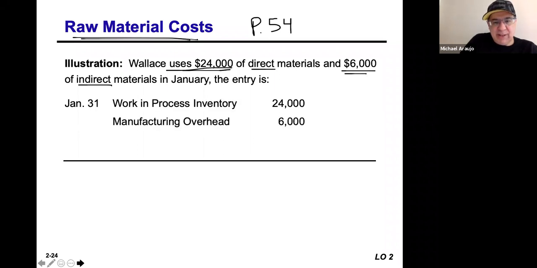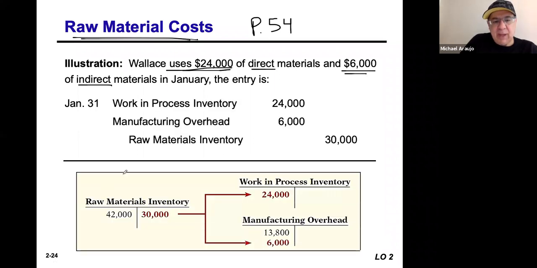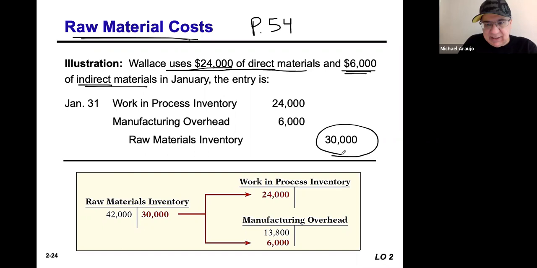So what happens is, work in process inventory will get the $24,000 debit for direct materials, okay? Manufacturing overhead will get the $6,000 debit for indirect materials. And the raw materials inventory account will be depleted by $30,000 because we've used $30,000 of raw materials in this job of whatever we're creating, okay?